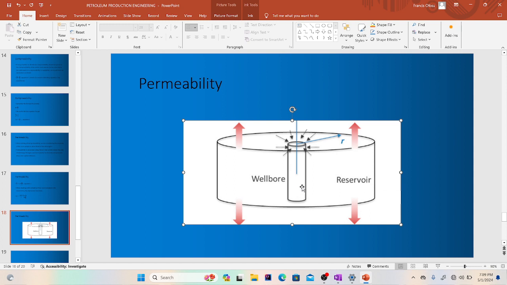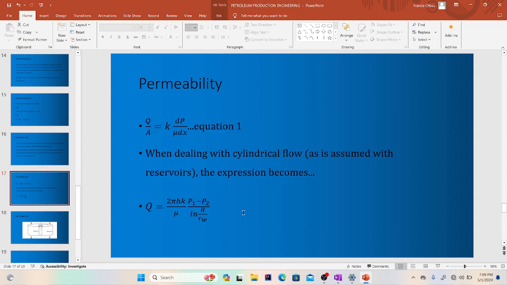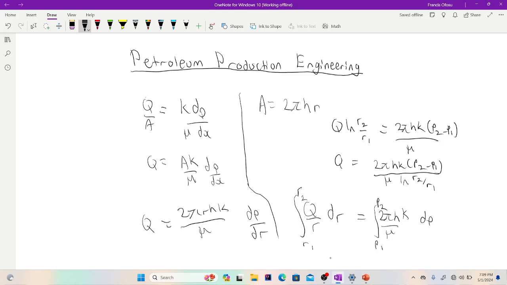So that's just going to be the radius of the well, because we're going to have fluid flowing from the reservoir into the well bore. So we see over here that we have capital R over RW. The capital R is the radius of the reservoir, and then the RW is the radius of the well bore. So that's the proof for that formula.